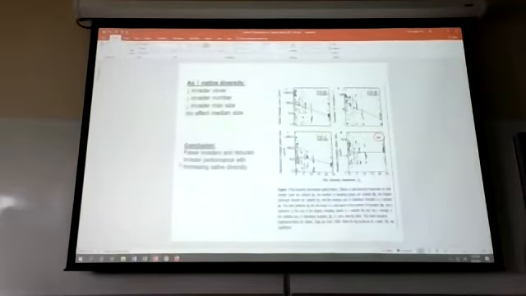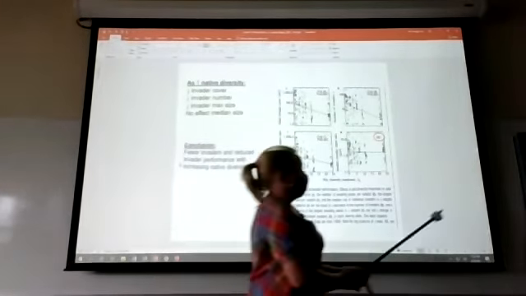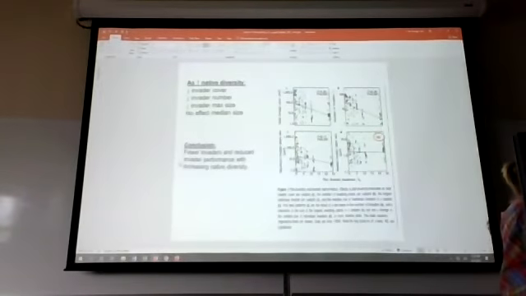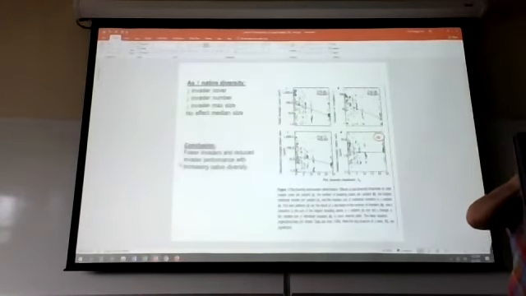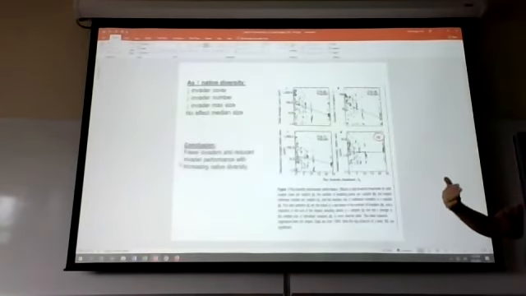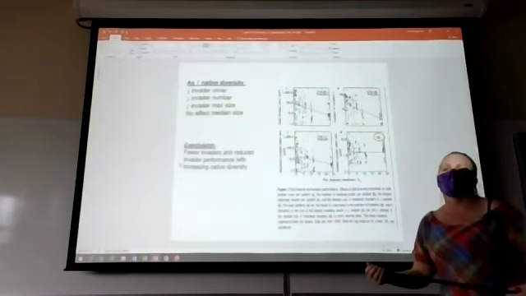So we can say then there's fewer invaders and poorer performance of invaders as diversity increases. So we could say the loss of biodiversity or natural high biodiversity are less likely to be invaded.